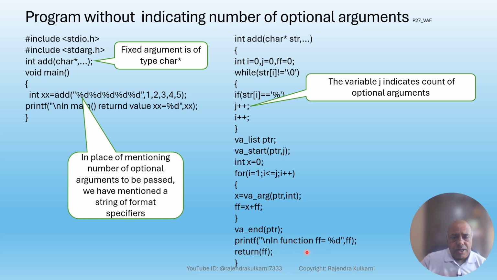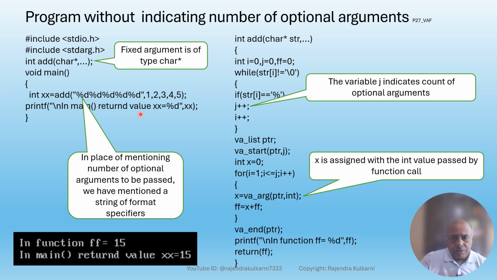Then the normal va_end(ptr), and through the printf statement we are printing the value of ff in the function, and we are also printing whatever value is returned by the function in main. So in the function ff is equal to 15, because it is the addition of 1, 2, 3, 4, 5, and since it is returned through return(ff), it gets collected into xx in main, and the value of xx will also be 15.